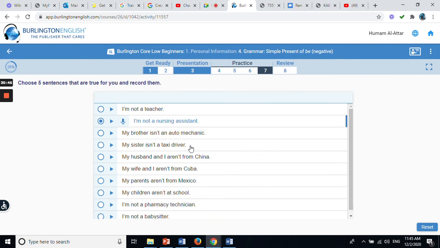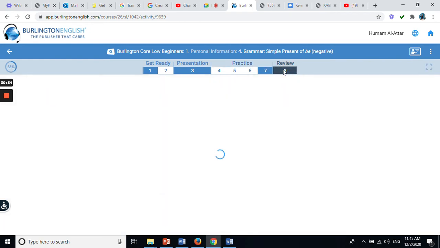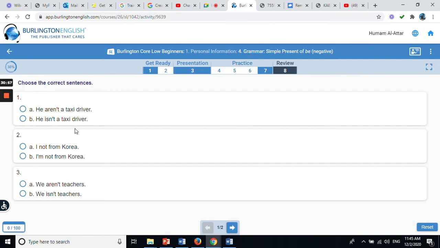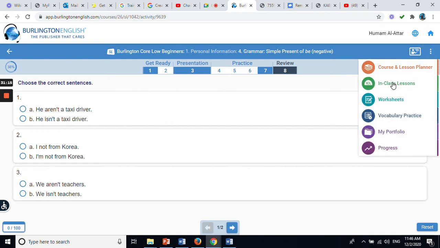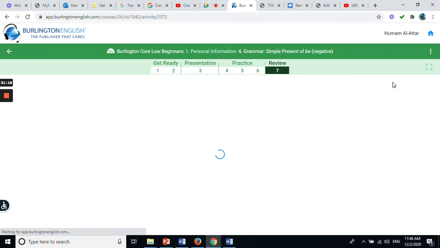You will have to do this about yourself too. And then when you finish, you do the review. You are also going to choose the correct sentence. Which one is the correct sentence? He aren't a taxi driver or he isn't a taxi driver. Which one is correct? So let's go back here.